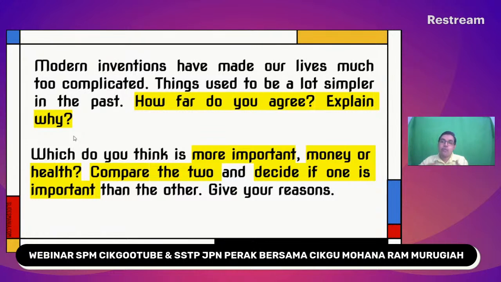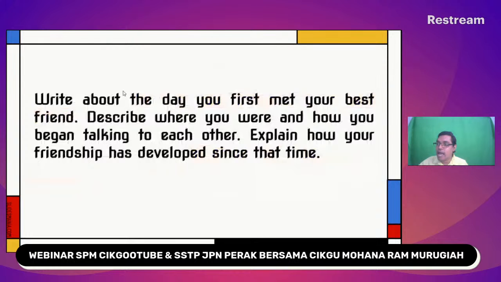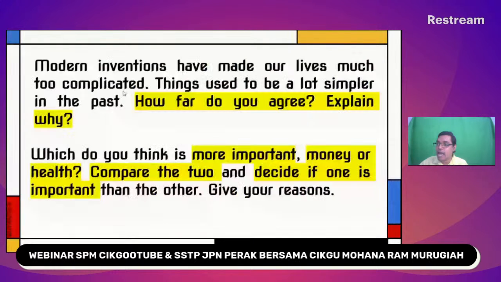And when you talk about what is happening in the present, you have to use present tense and present continuous tense. What you are doing now, present continuous tense, right? So for the modern inventions essay, you have to align between past tense and present tense.